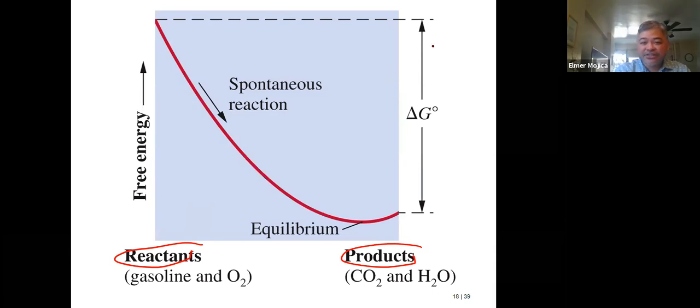So what's the delta G that you will get there? It's the difference, the products minus the reactants. Since the Gibbs free energy of the products is less than the free energy of the reactants, what do you get? You get a negative value. Does that make sense?